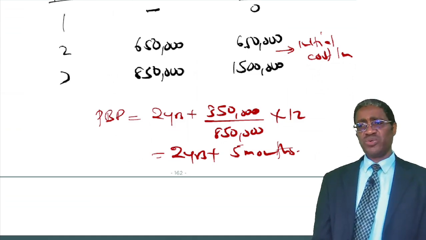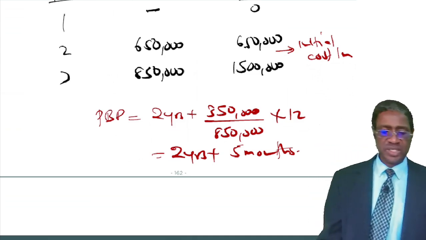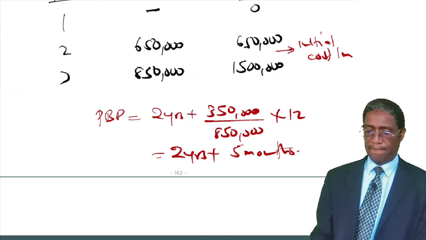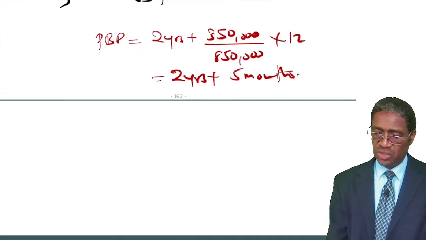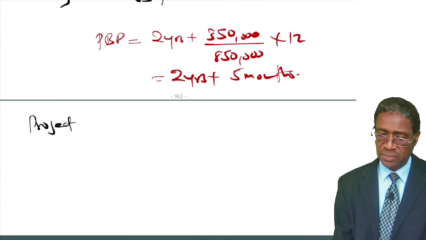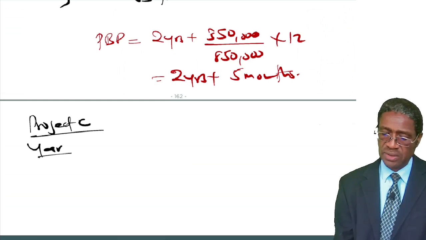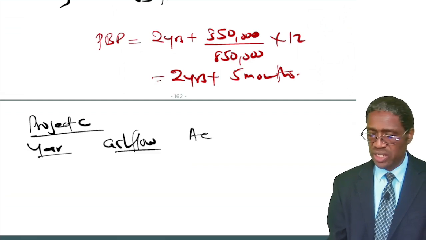That's all for project B. Let's go to project C. We want to apply the same. I hope you are following. We come to project C. Again, we have the column for the year, cash flows, accumulated cash flows.